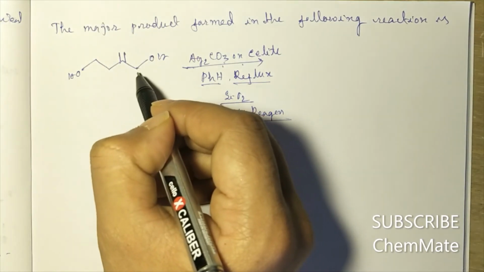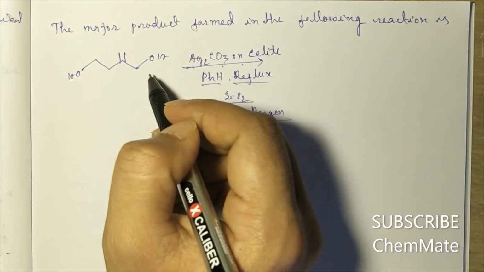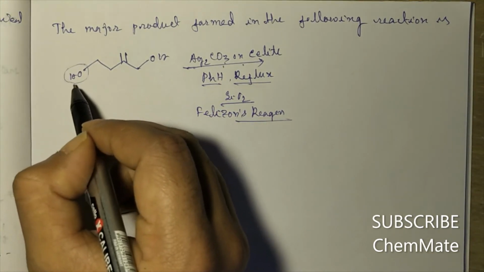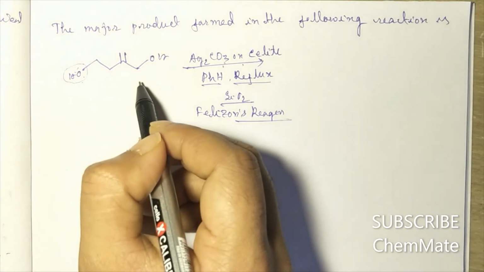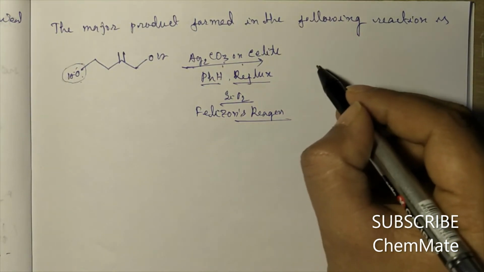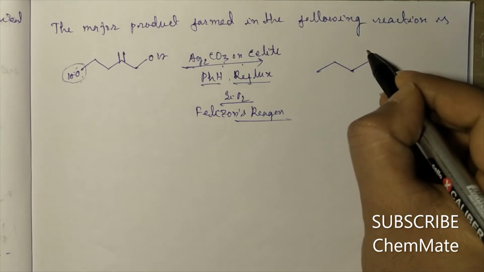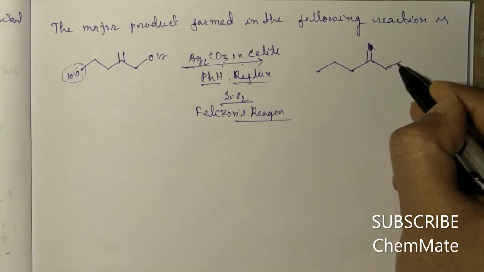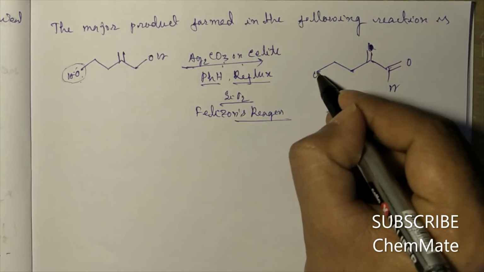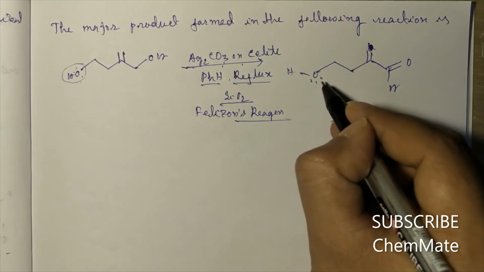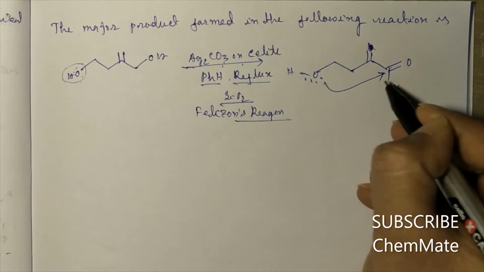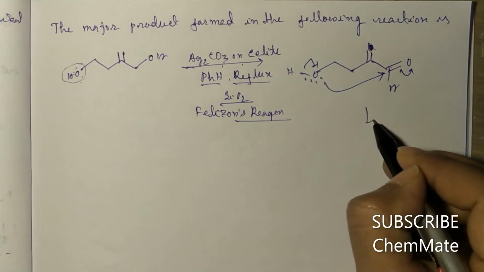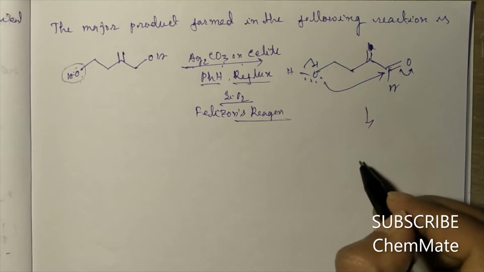So this is the allylic alcohol, so it will be oxidized to aldehyde, and then this OH, this is a primary alcohol, it will attack this aldehyde. So first it will get oxidized to aldehyde, and then this primary alcohol will attack this aldehyde to form a 1 2 3 4 5 member ring.